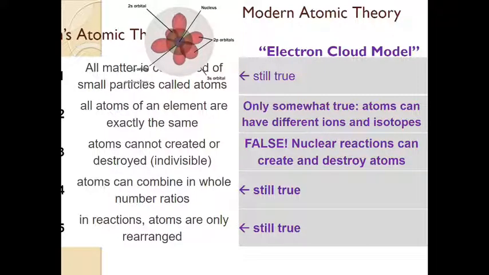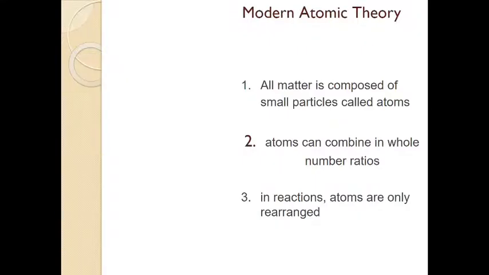Even though it's not matter anymore after we destroy it and break it down farther, we can actually break down atoms and turn them into different atoms even. So nuclear chemistry, nuclear reactions, which is actually how we're going to finish out this unit, is a way that Dalton was proved false.